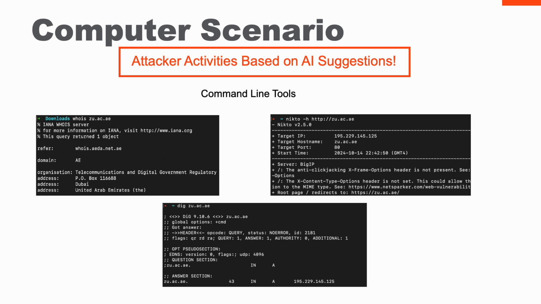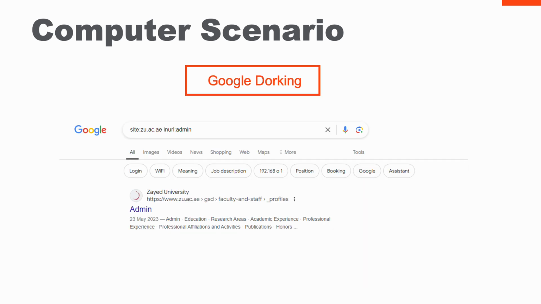So utilizing these tools helps the attacker know the target a little bit more and gather much more information. And here we're showing how the attacker went to the browser and started implementing Google hacking techniques as suggested by ChatGPT.